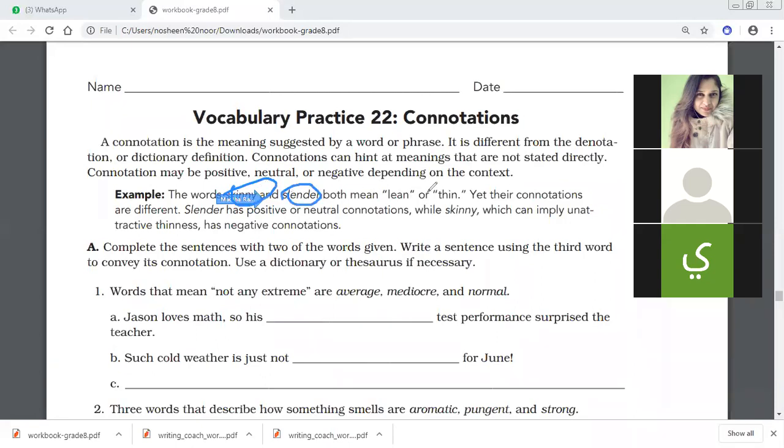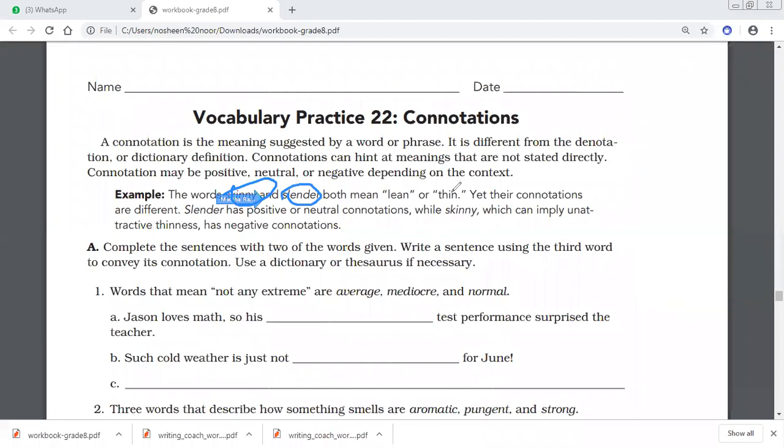Now both mean lean or thin, both have the same meaning, but their connotations are different. We do not use slender to show someone is unattractive. Slender means someone who is thin or lean, but in an attractive way. So slender has a positive or neutral connotation, while skinny, which can imply unattractive thinness, has a negative connotation, which is right in front of you.